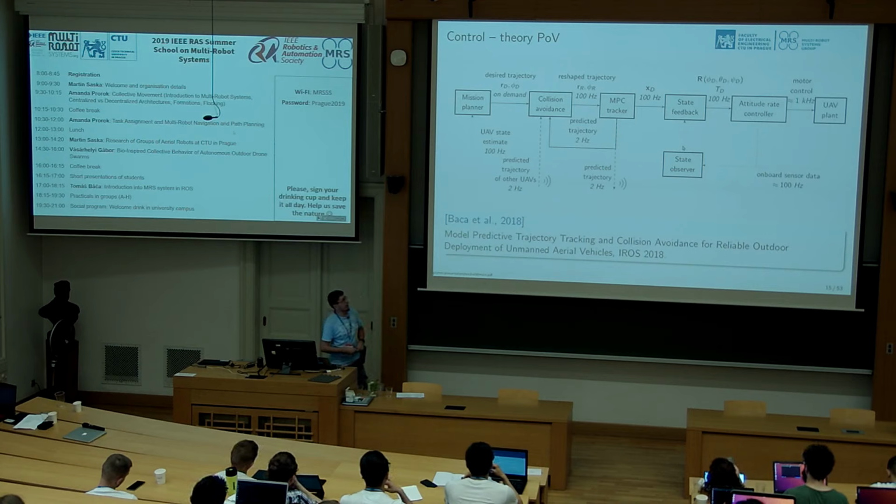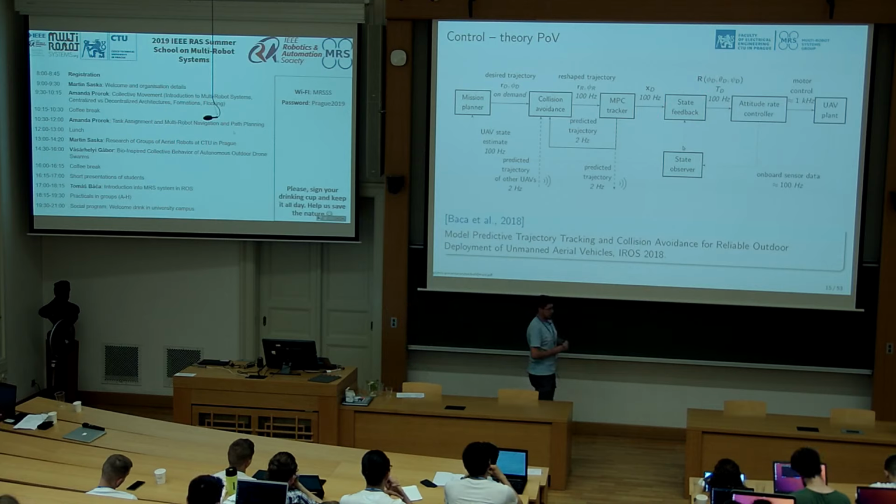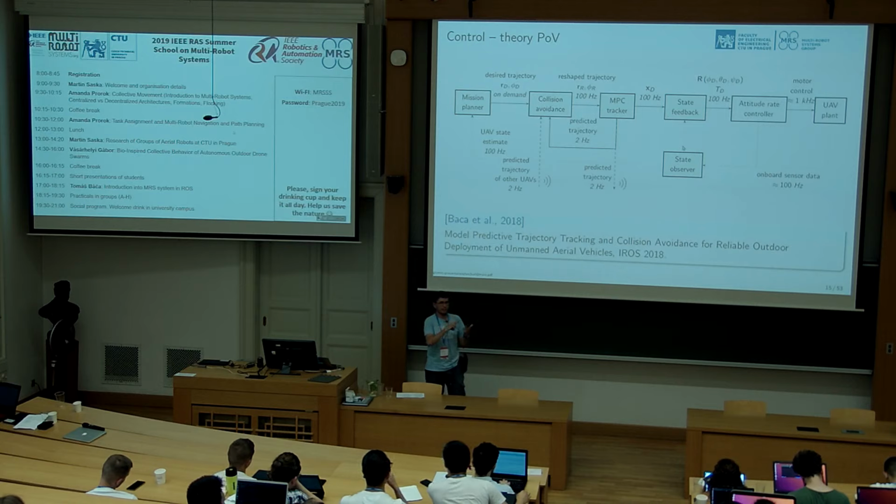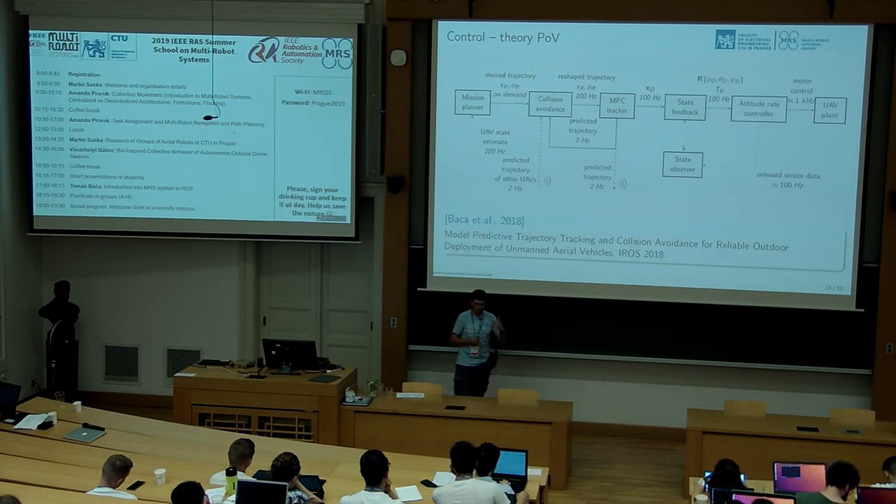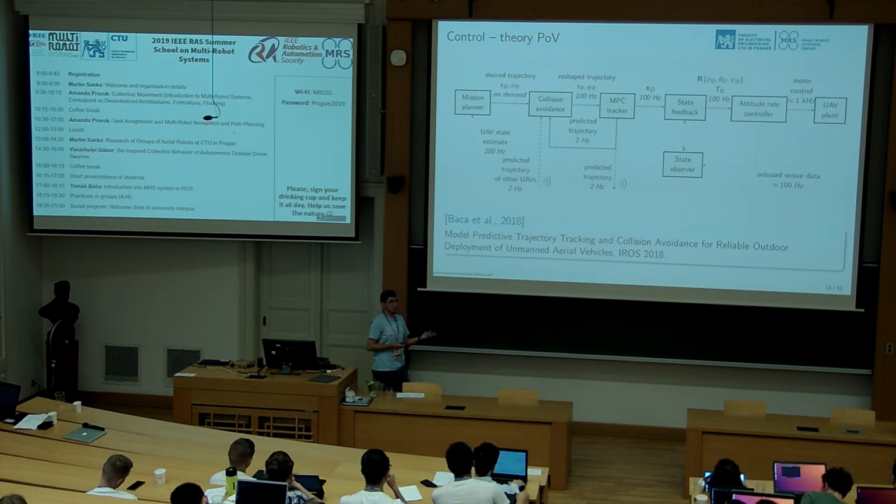So our pipeline, as I said, uses the Pixhawk as the attitude rate controller. Above that, we have something we call a state feedback. It's a feedback loop which stabilizes the drone and controls its position, velocity, and acceleration simultaneously. So this is a feedback which calculates control errors on position, velocity, and acceleration, and produces the desired attitude rate command for the Pixhawk.